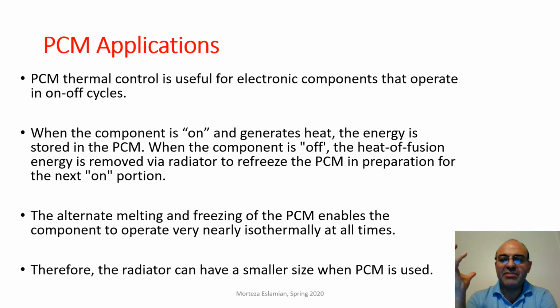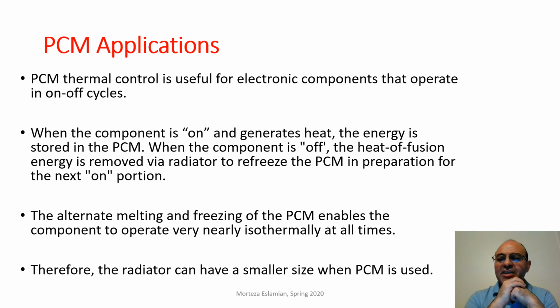Let's say an electronic box is generating heat, so it gives the heat to the PCM. But when the component is off, then the heat of fusion energy is removed and given to the radiator to freeze the PCM back in preparation for the next on portion.